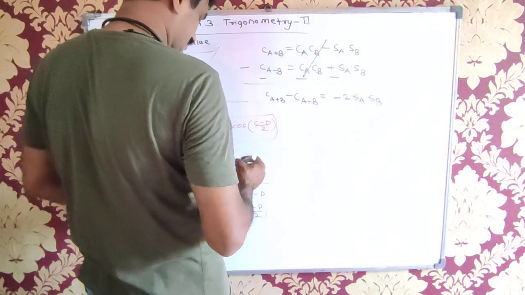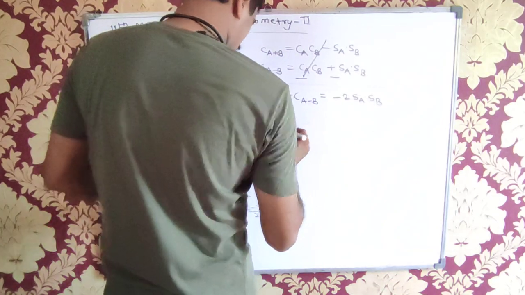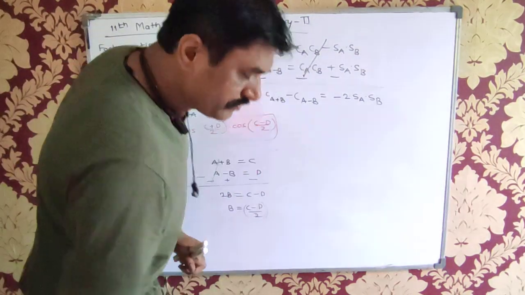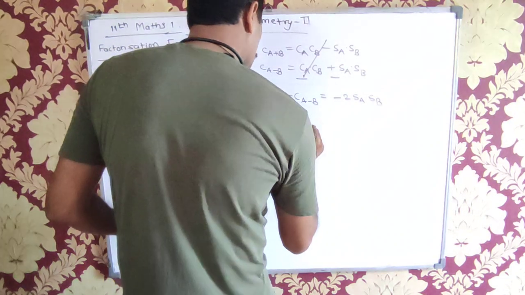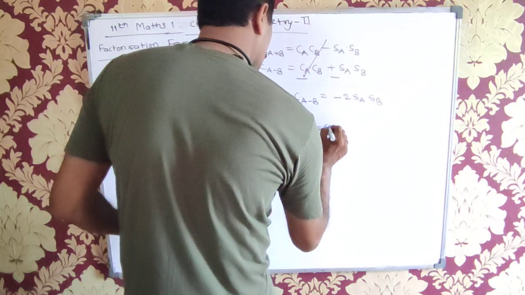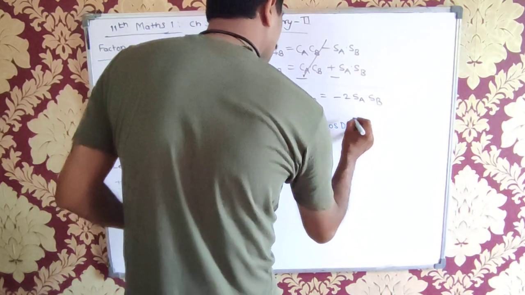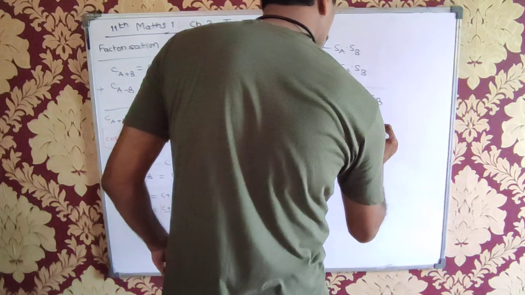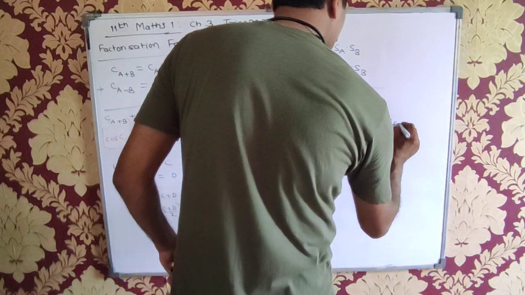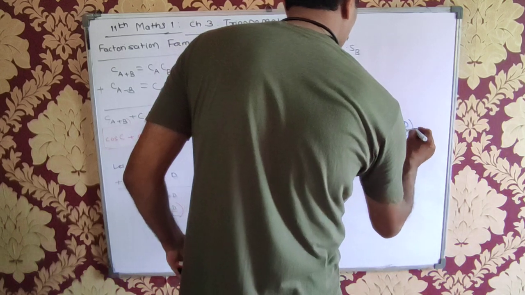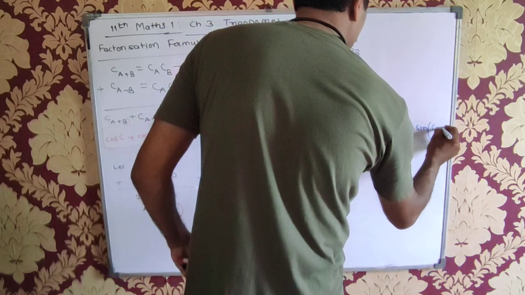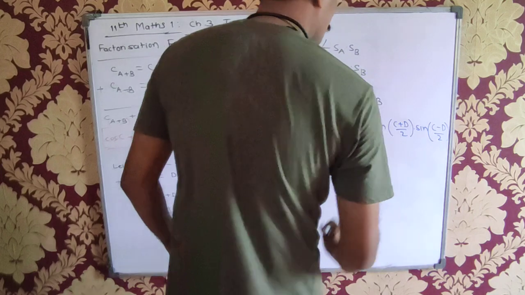Now let us substitute. So this will give me cos C minus cos D is equal to minus 2 sin C plus D by 2 sin C minus D by 2.